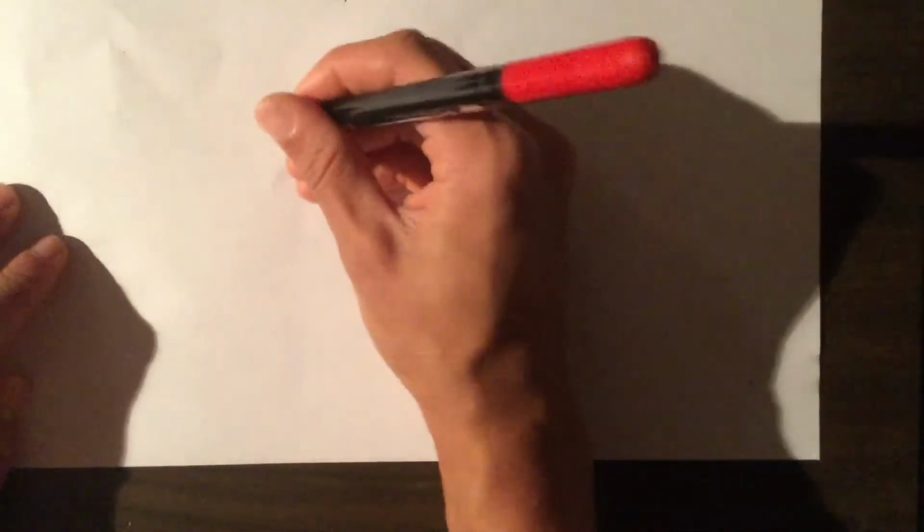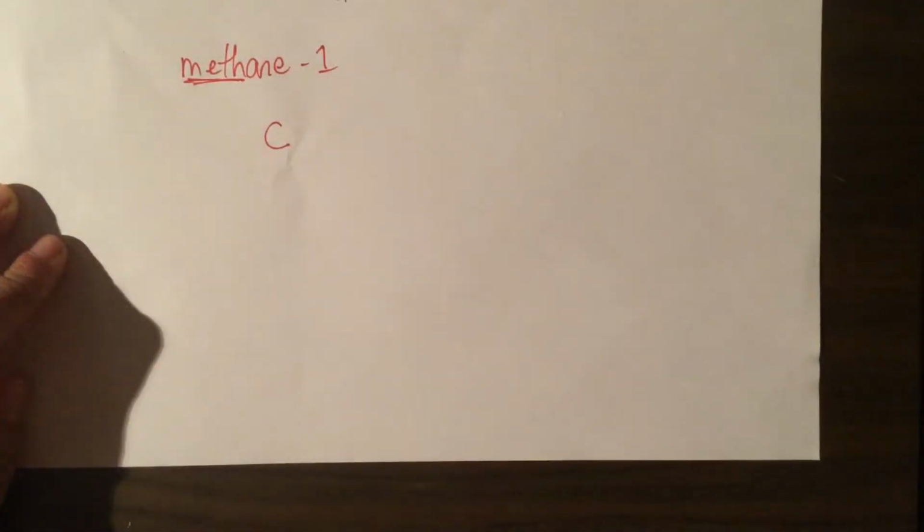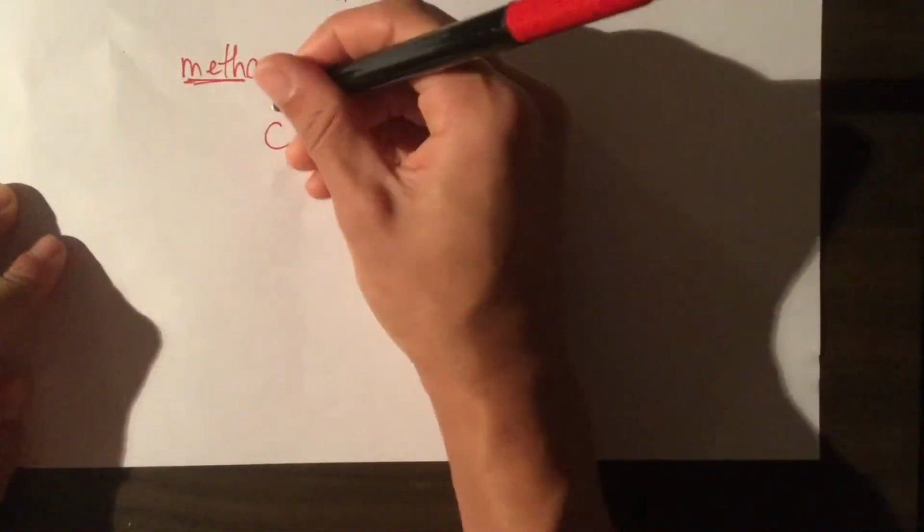If we're going to be looking at something like an alkane, let's say that we wanted to talk about methane. The fact that there is meth is telling us that there is one carbon that's going to be part of this molecule. So we are going to start off with our carbon, and we know that there's going to be 4 bonds.